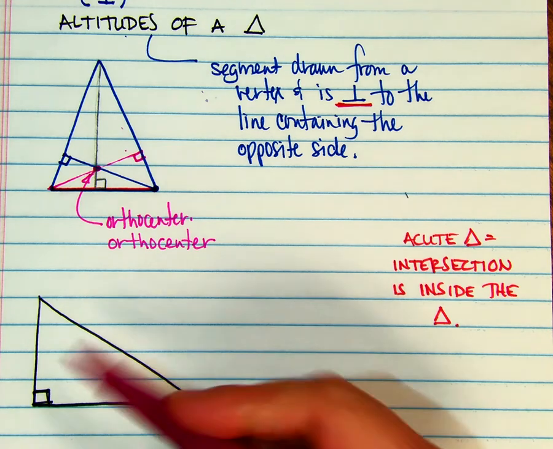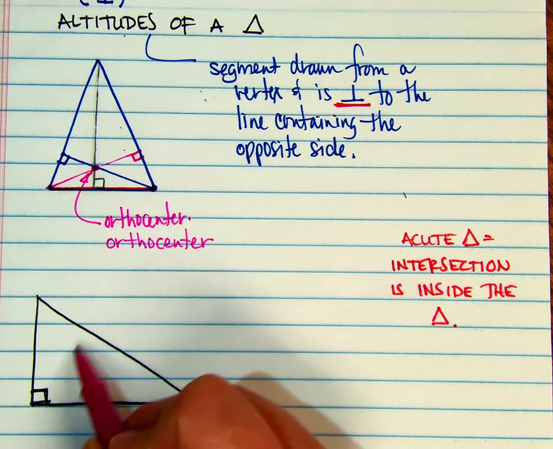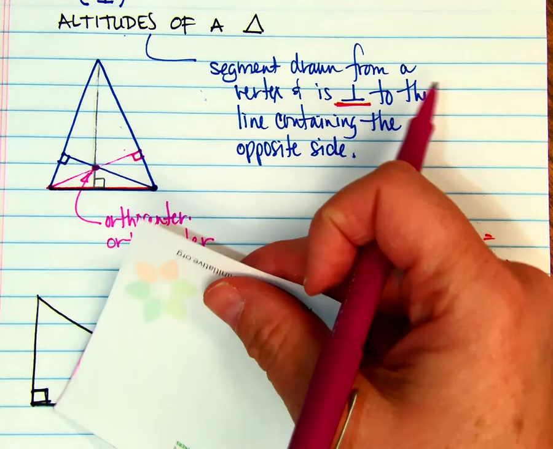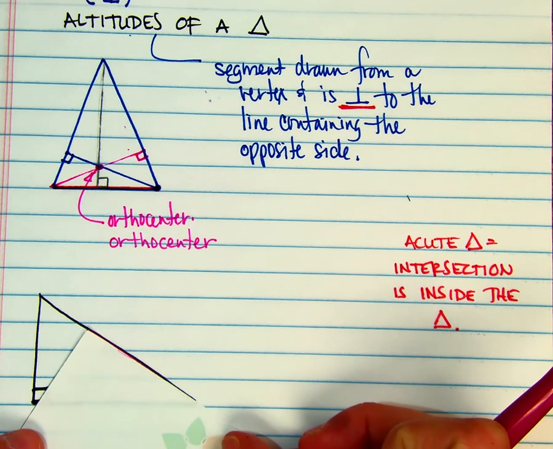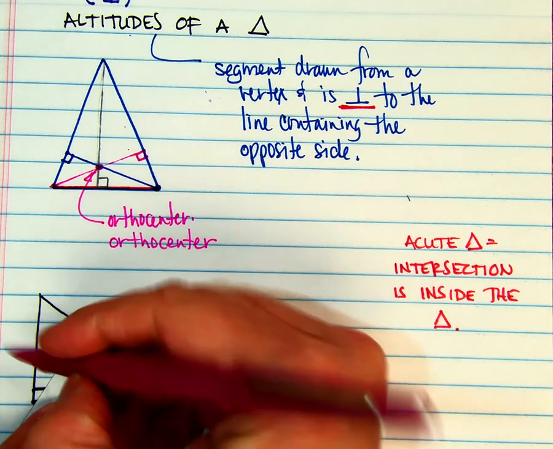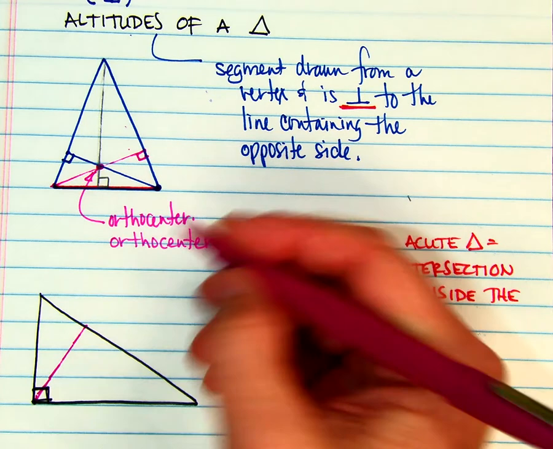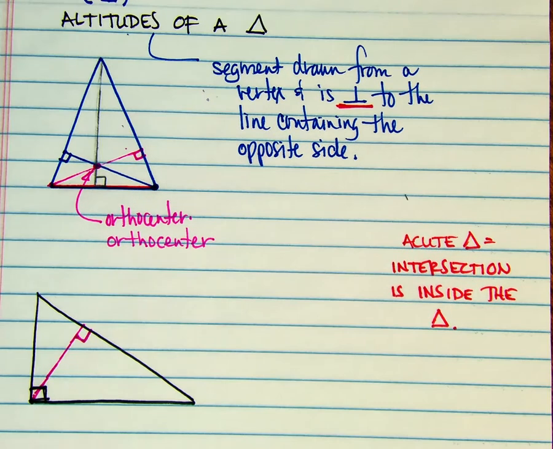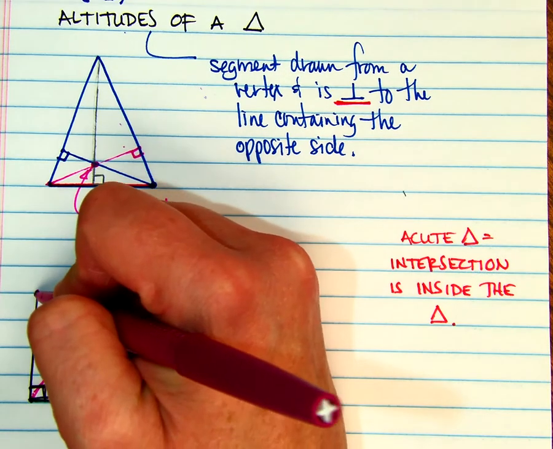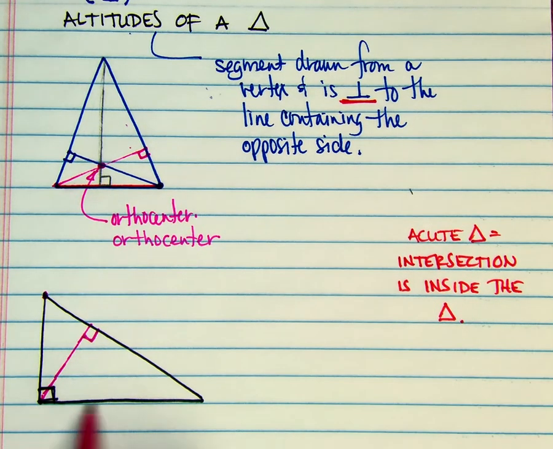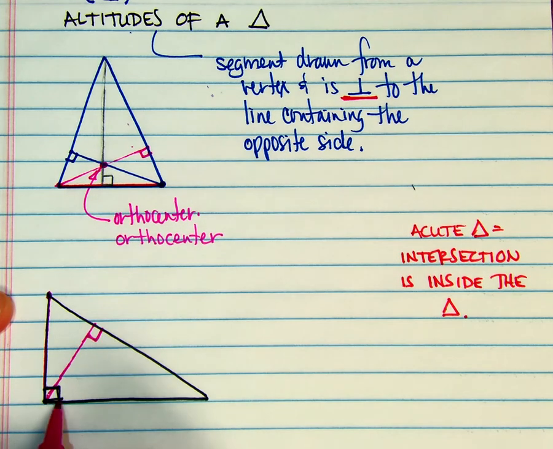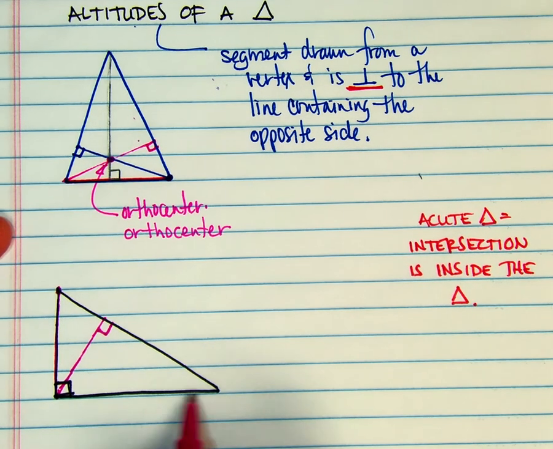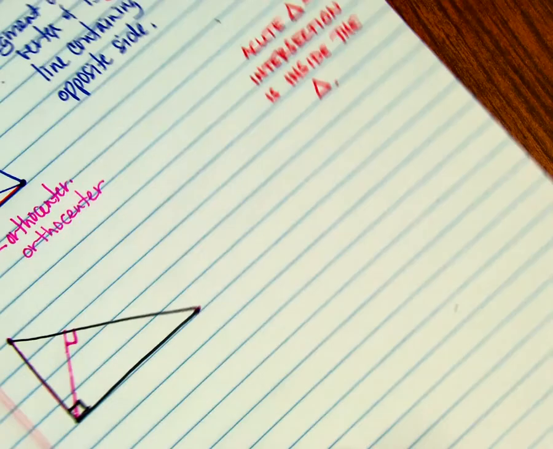If I go from this vertex and walk perpendicular to the opposite side, there's my vertex, there's my right angle, I'm lining it up with my opposite side. Okay, so there's my right angle. If I do the same thing from this vertex to this opposite side, there's already a right angle there. If I go from this vertex, I'm going to turn my paper a little bit.